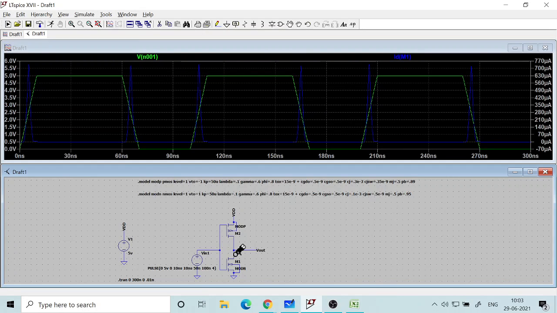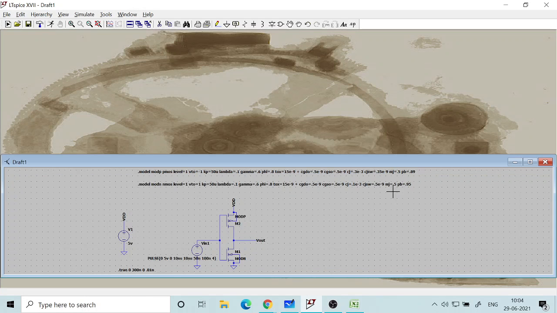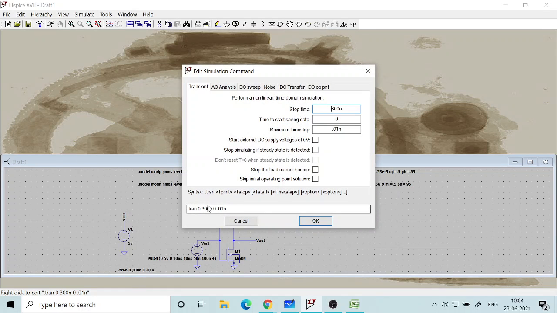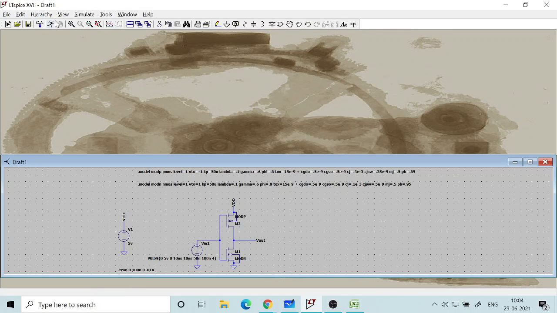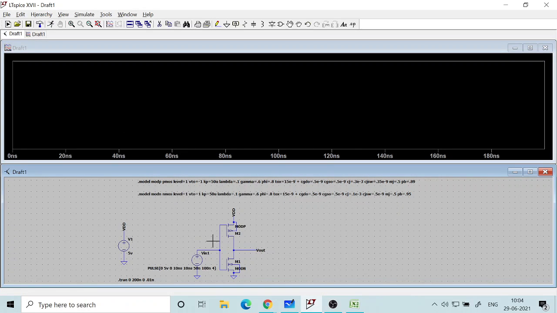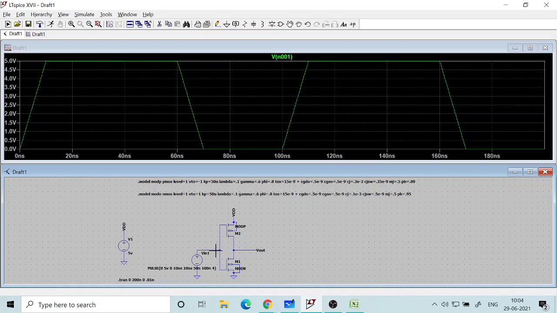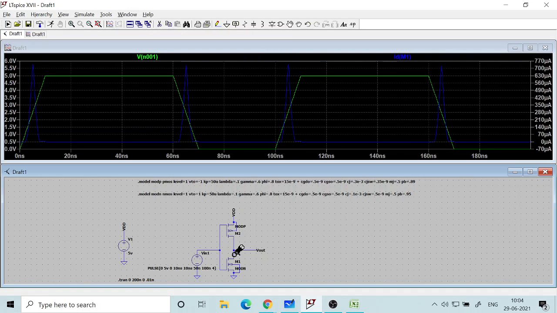Okay, so this is how I can see the current. To make it more clear, let me just plot for only 2 cycles, so I'll plot till say 200 nanosecond. So there is a 2 cycle current flowing into the NMOS transistor.